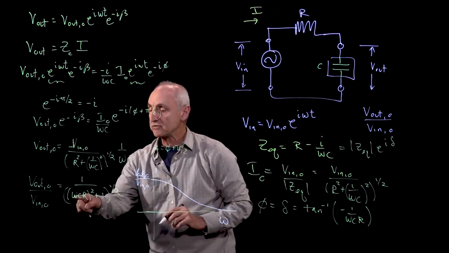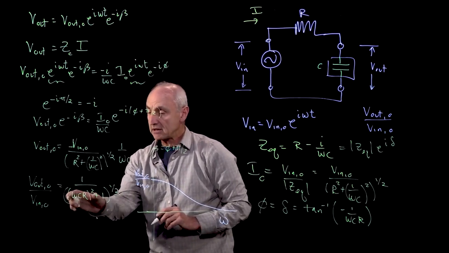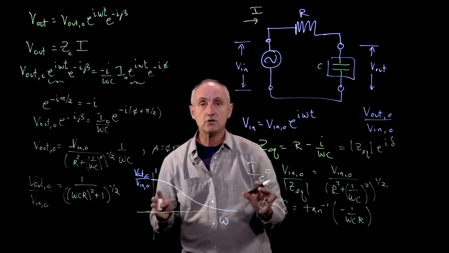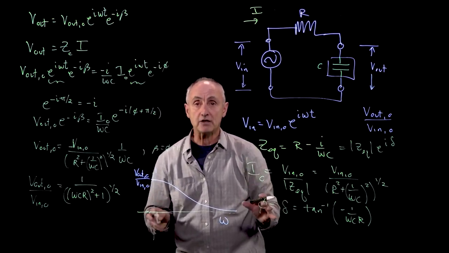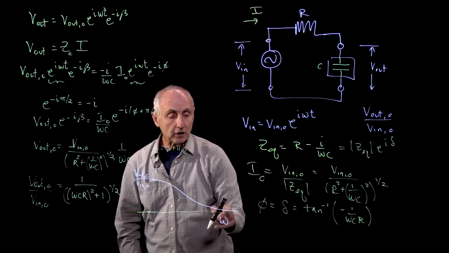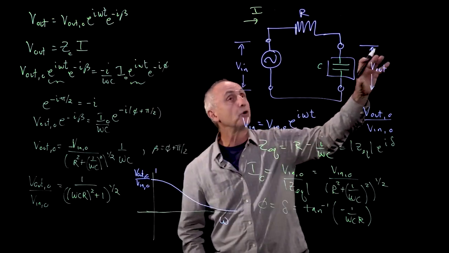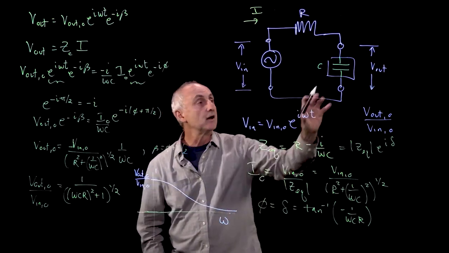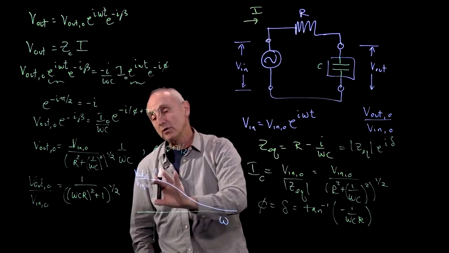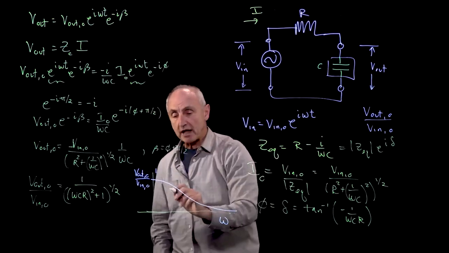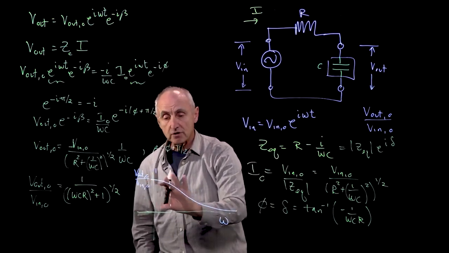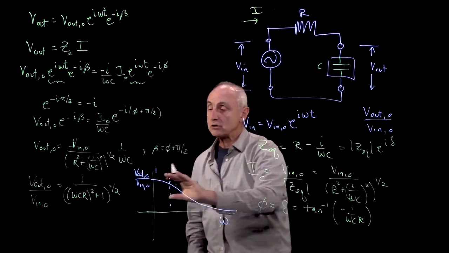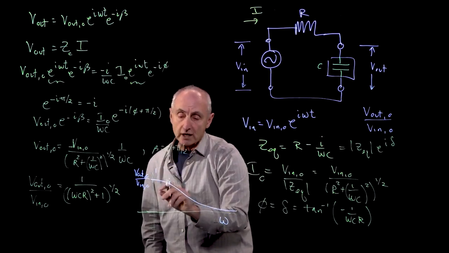And when omega becomes very large, this term effectively becomes 0. And so what we have here is what we could refer to as a low-pass filter. For very large omegas, the ratio of the output voltage to the input voltage, and we're talking about magnitudes, goes to 0. For omega equals 0, it's just 1. And for small values of omega, most of this amplitude ratio is a large fraction, 0.9, 0.8, 0.7.